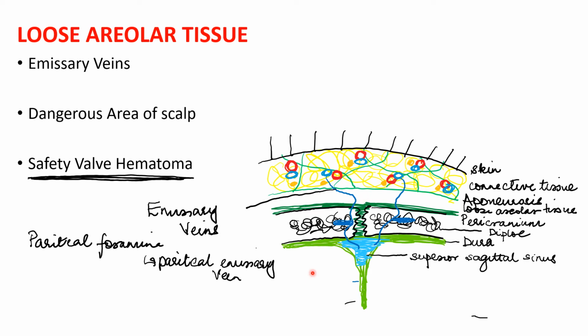Why? Because the pericranium is tightly adherent to the underlying bone and the dura is also tightly adherent. So when the fracture happened, the pericranium tore and the dura tore too. So blood came out instead of accumulating within the cranial cavity, and as a result the signs of intracranial compression did not arise. Thus this is known as a safety valve hematoma, a condition which is only seen in children and not in adults.